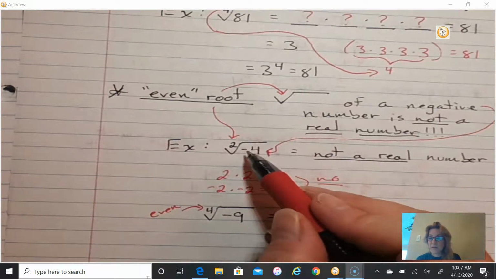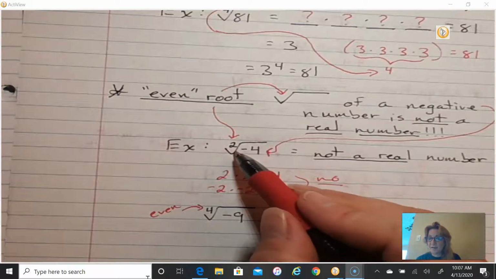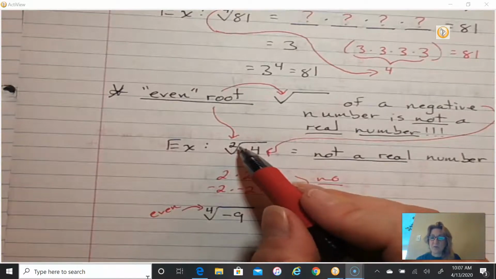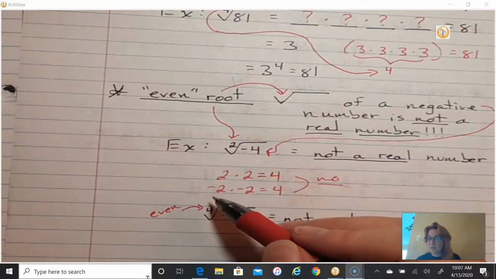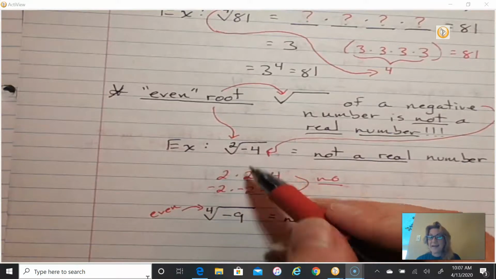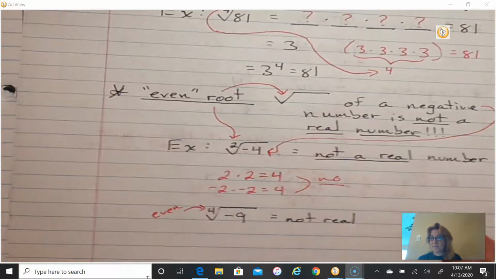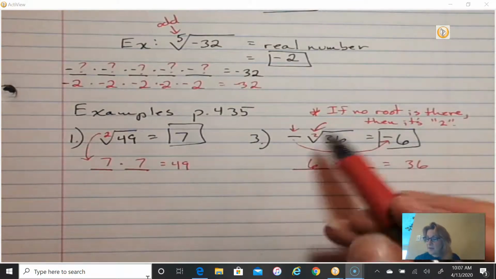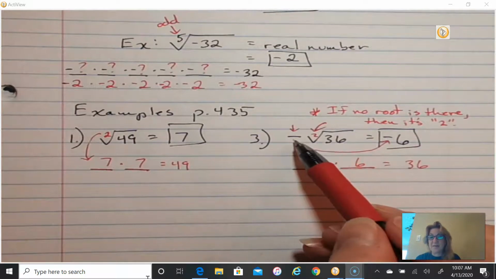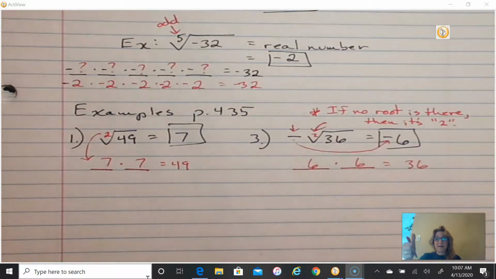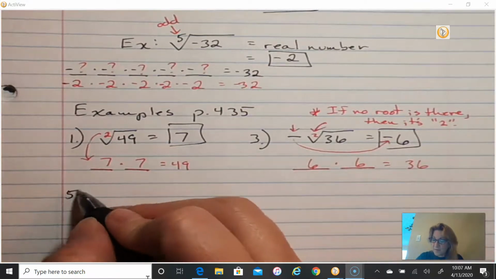See the difference? 2 as a root, an even number as a root, with a negative on the inside. That is not a real number. But this time, it was an even root and the negative's on the outside, so that is okay. It's good.